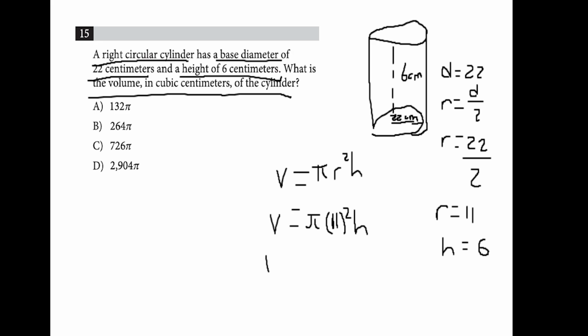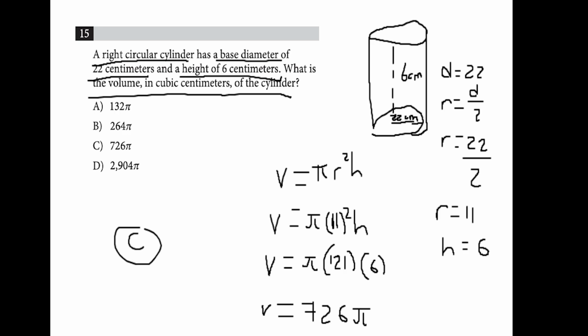So V is equal to pi, and we calculate 11 squared, which is 121, so times 121 times our height, which is 6. Once you multiply that out, we have V equals 726 pi. So our answer is C. Pretty simple problem. You just have to know the volume of a right circular cylinder.